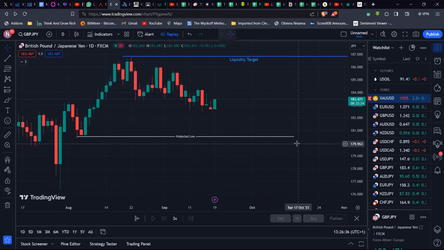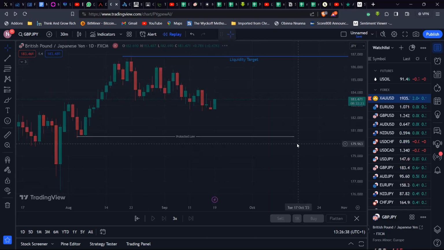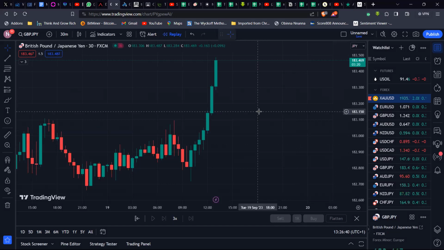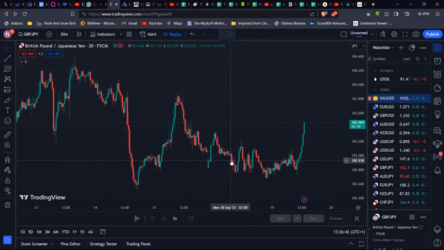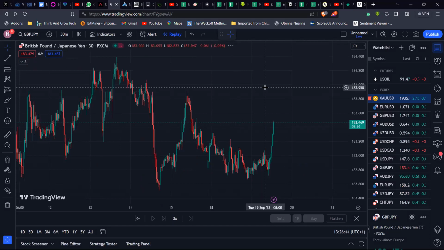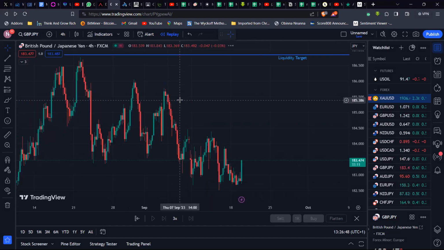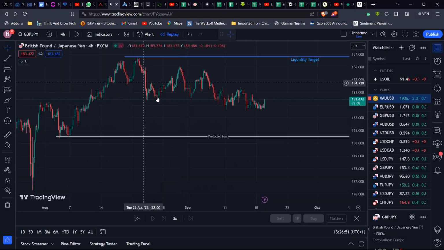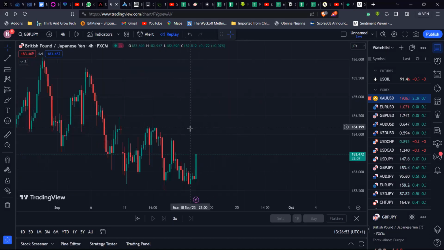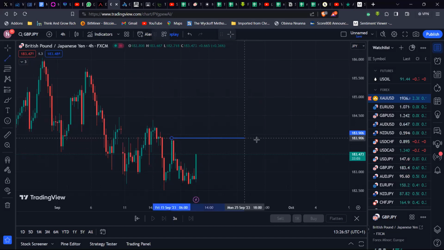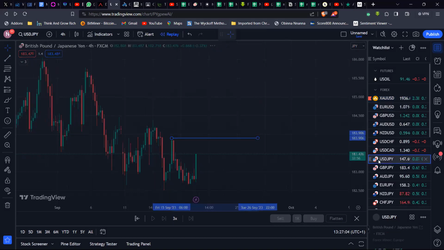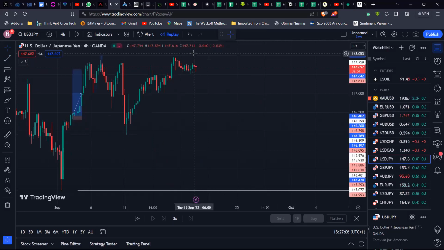But internal structure is obviously bearish. This is 30-minute charts. I wanted to look at the 4-hour chart. So 4-hour chart is bearish. GBPJPY, wait for a break above this high, and then I'll look to buy. Let's see what your JPY is doing. Not doing anything. Okay.